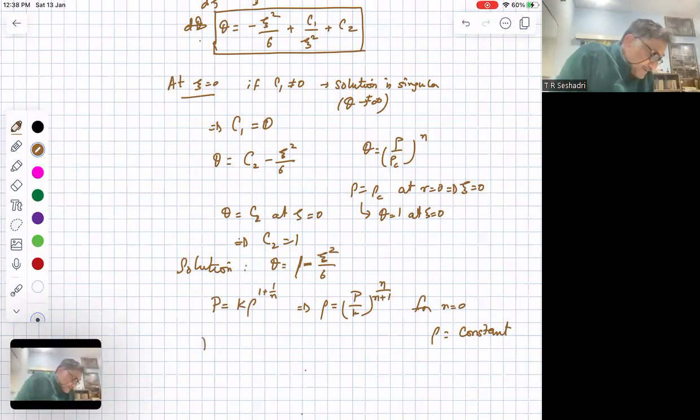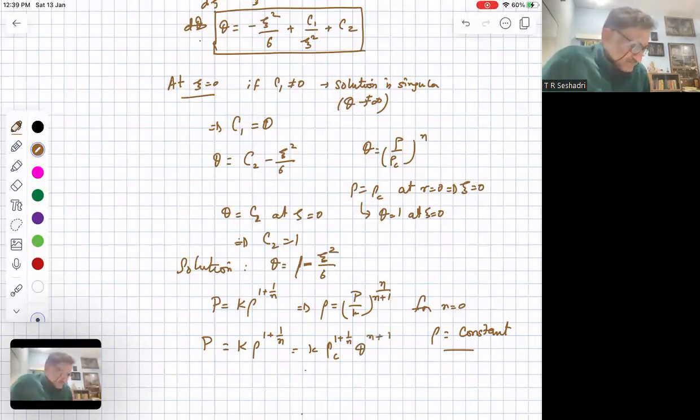Now, what about P? Now, this is constant. So let us look at it this way. I have P is equal to K rho power 1 plus 1 by n, which is equal to K rho C to the power 1 plus 1 by n times theta to the power n plus 1, because rho by rho C is equal to theta power n.